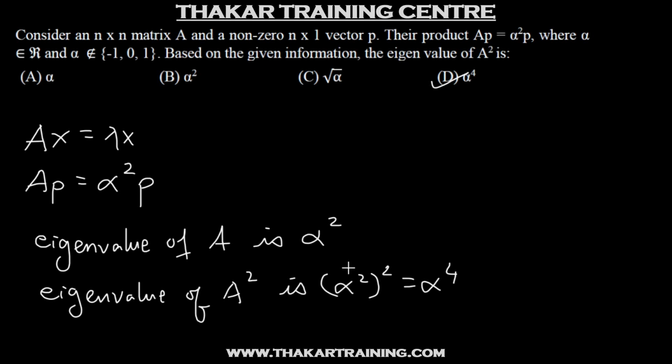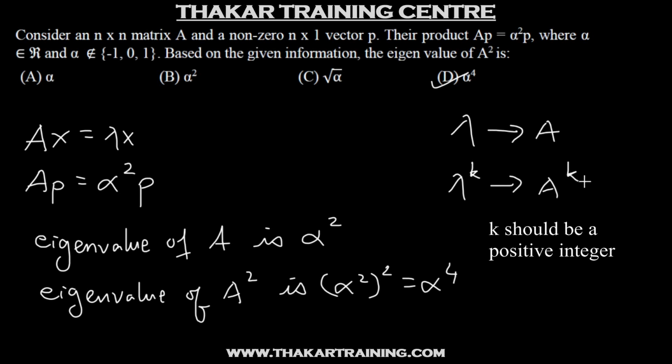This is a property of eigenvalues, that if lambda is an eigenvalue of matrix A, then lambda raised to k will be an eigenvalue of matrix A raised to k. So we have it quite easily over here. The eigenvalue of A square will be the eigenvalue of A squared, that is alpha square squared, alpha raised to 4.